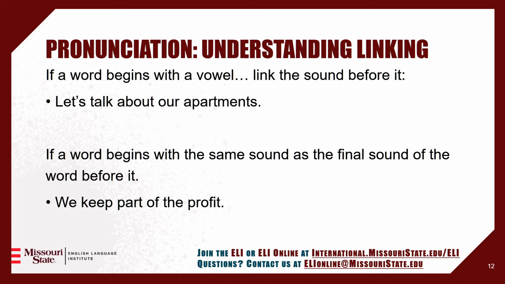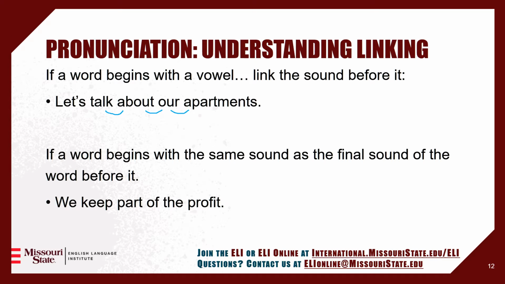So the pattern for linking is if a word begins with a vowel, then we link it to the consonant sound before it. So in that example, we had let's talk about, and about our, and our apartments.